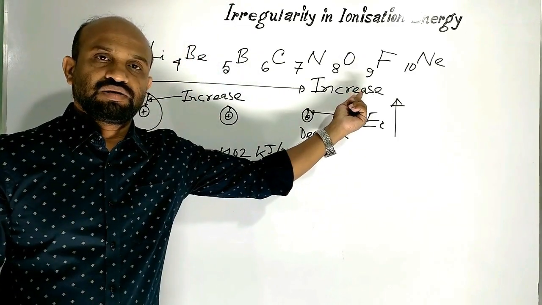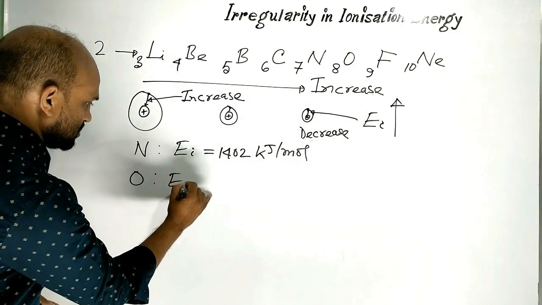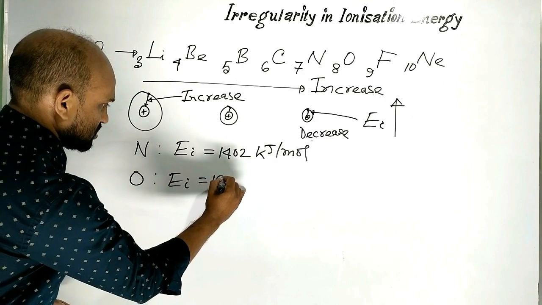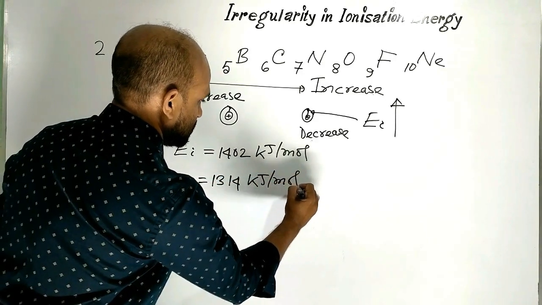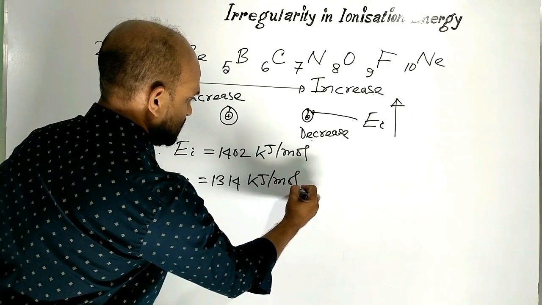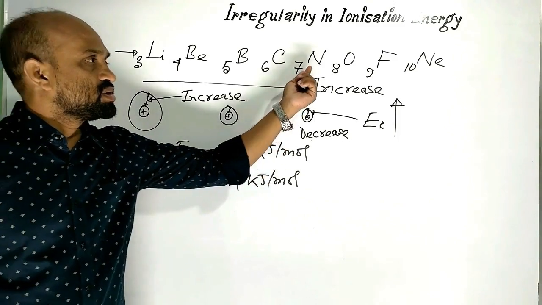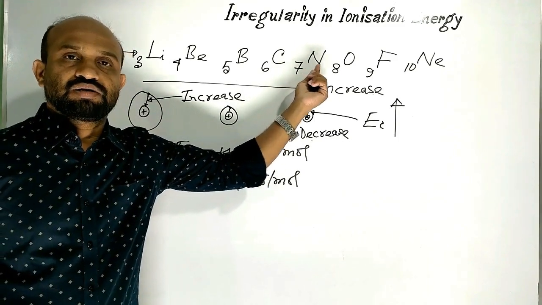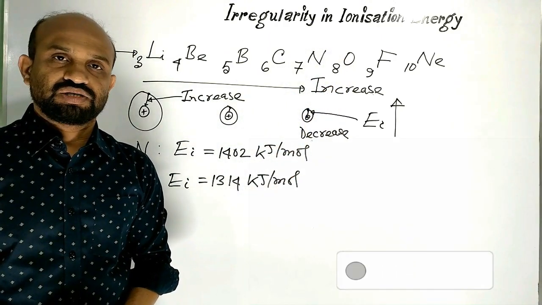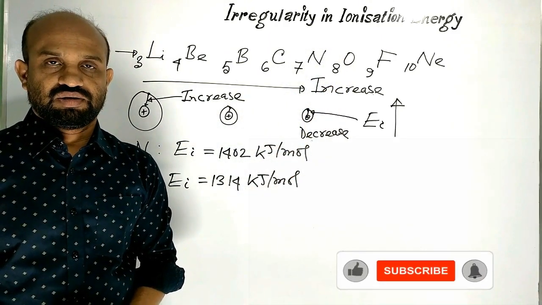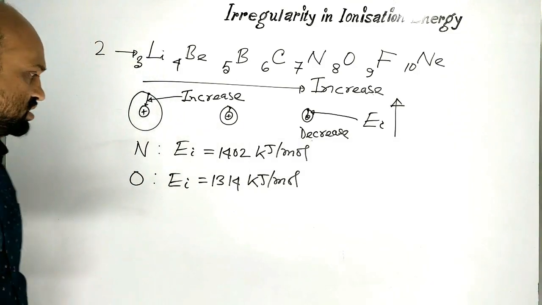On the other hand, ionization energy of oxygen is 1314 kilojoule per mole. Here we see that ionization energy of nitrogen is higher than oxygen. Actually, ionization energy of oxygen should be higher than nitrogen. This is the irregularity.